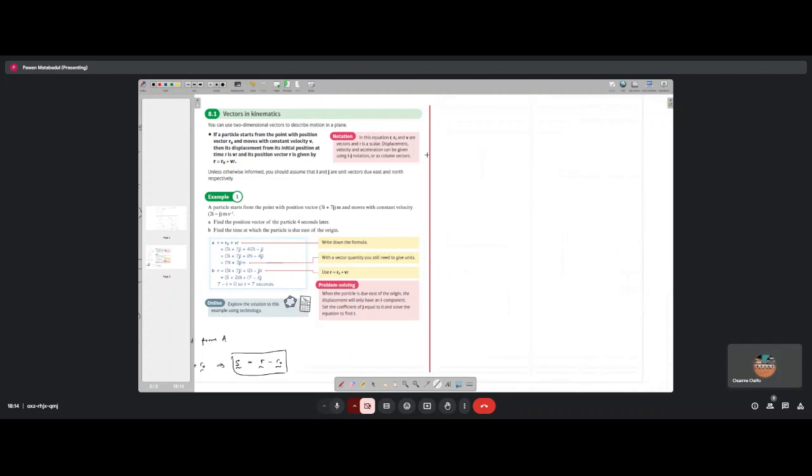If you cast your mind back to chapter 11 of static mechanics, the variable acceleration stuff, remember there were a couple of relationships that you learned about. So you must have come across v is equal to ds over dt, and then acceleration is equal to dv over dt, right? So you've come across these two.